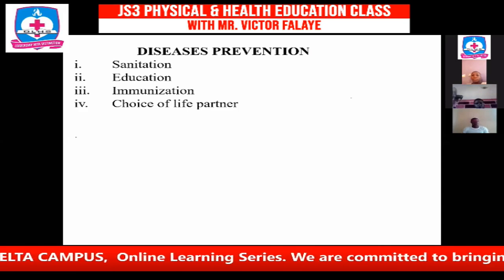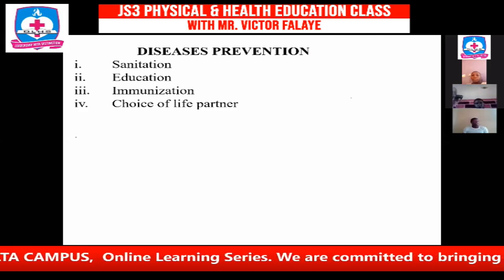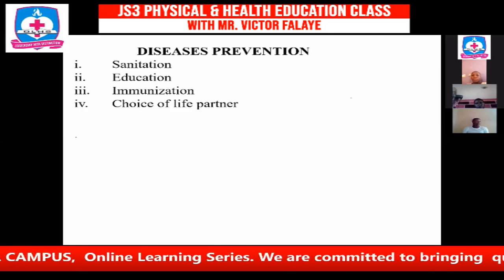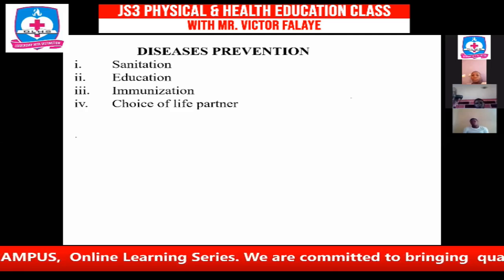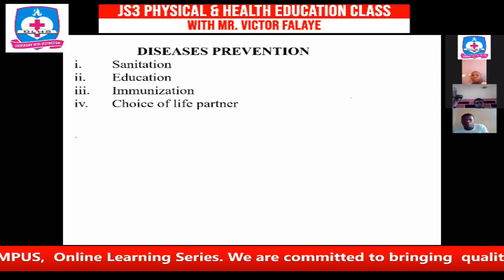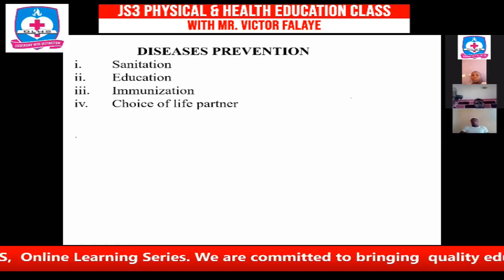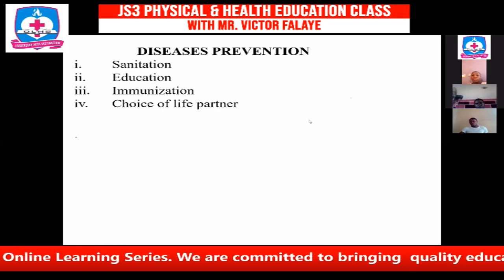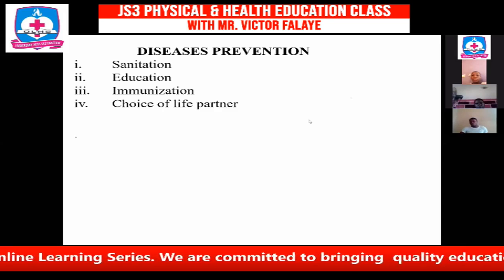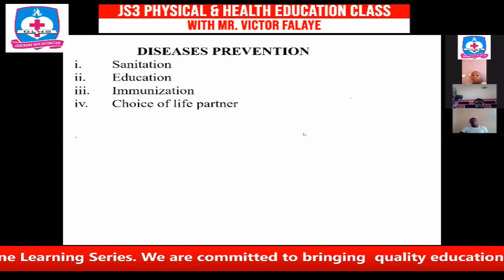Both communicable and non-communicable disease on the individual, on the family, and on the society at large. Now we can see some disease prevention. There are lots, but just to mention a few. Those ones you can see on the slide. We have sanitation to avoid diseases.